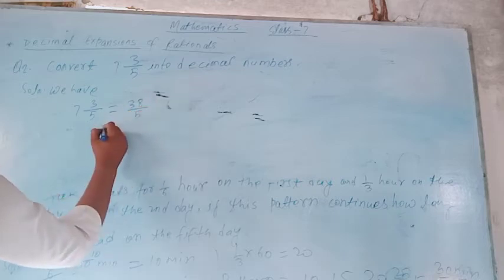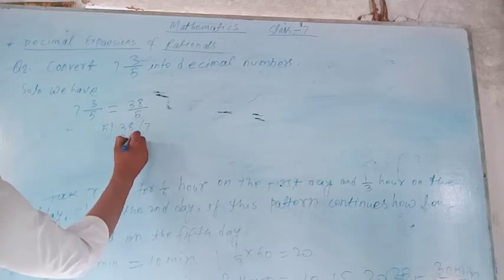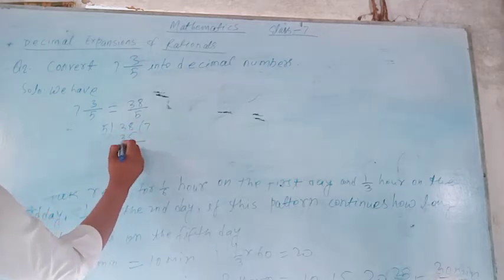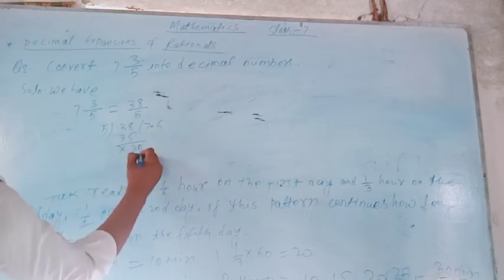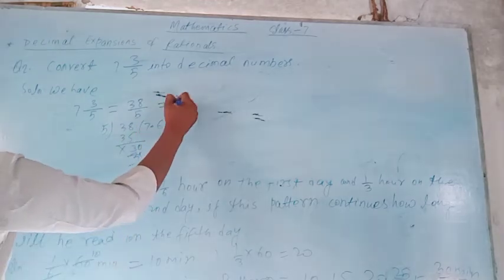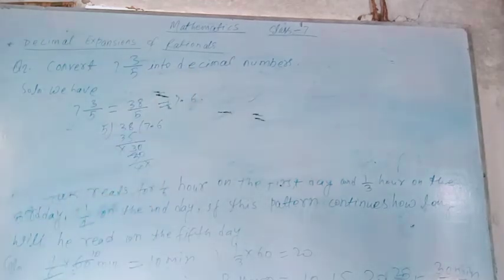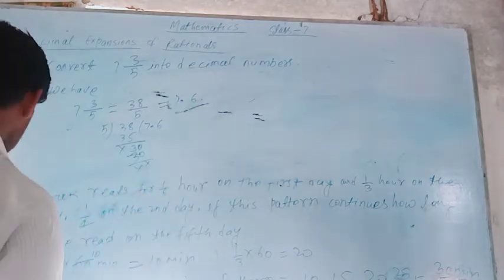By 5 we can divide, 5 7s are 35 and 3 will come, then 0.0 3 5 6s are 30, it will be cancelled. So the decimal expansion of 7 whole 3 upon 5 is 7.6. The required answer is 7.6.